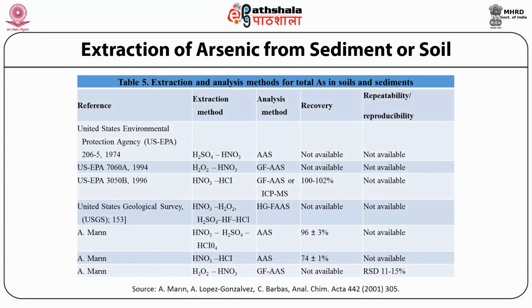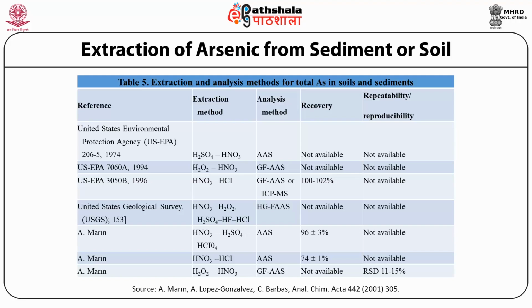This shows you extraction and analysis methods for total arsenic in soil and sediments. The first column shows the reference, or you can say source, like the United States Environmental Protection Agency, which mentions a protocol. Similarly, another scientist, A. Marin, has given a standard protocol for extraction, analysis and recovery.